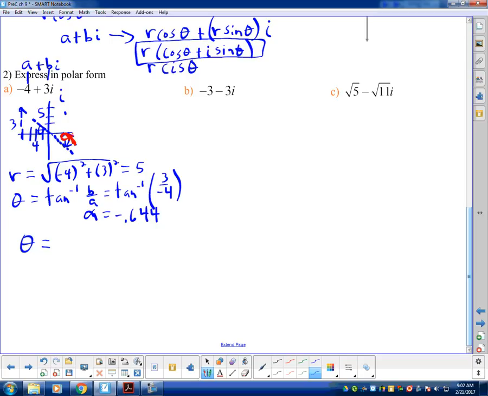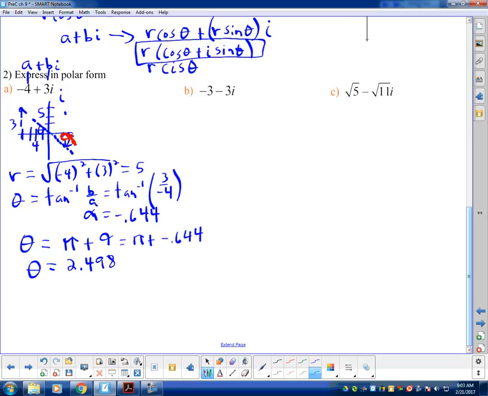So theta is equal to pi plus alpha, which is pi plus negative 0.644. And so theta equals what? It's going to be 2 point something, huh? I got 2.498. You should get that when you type it in your calculator.